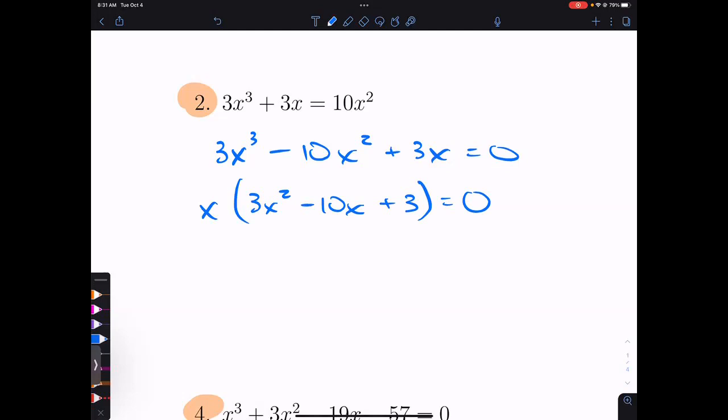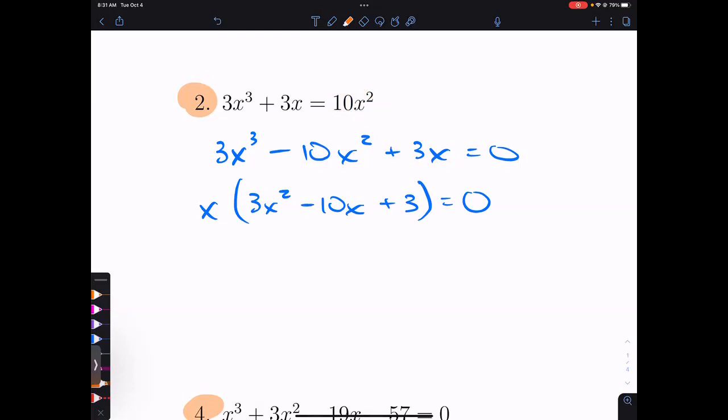All right, so just real quick, we won't work all three of those all the way out or anything, but first thing would be to get everything on one side, right? Because most of our methods rely on having that equal 0 over there, especially factoring. So subtract that 10x squared over.